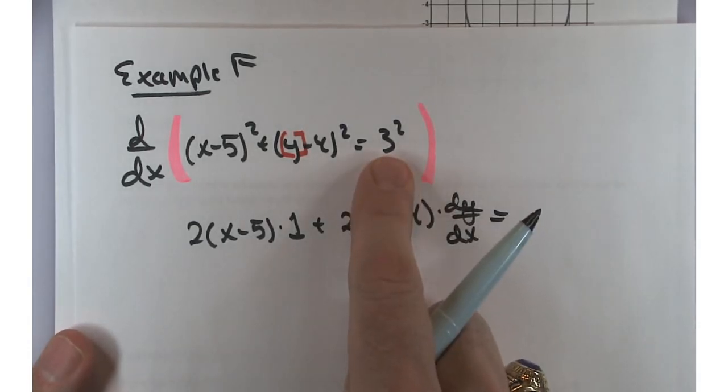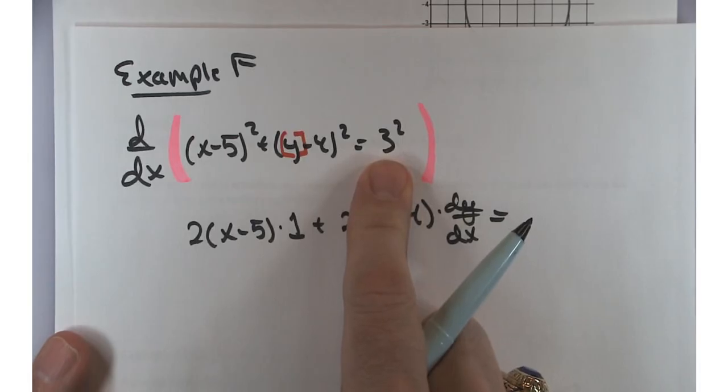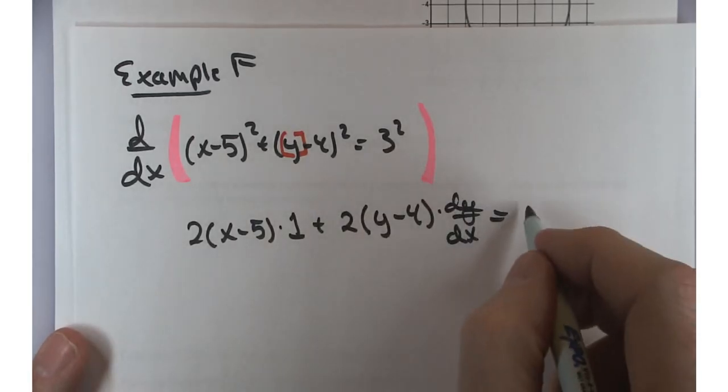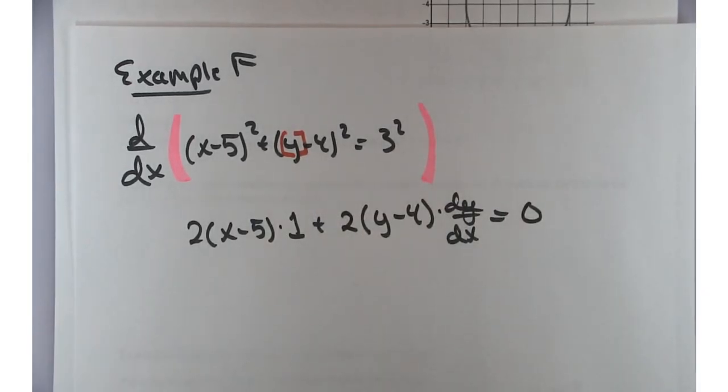And someone for the last part here. What's the derivative of 9? 0. Okay. Solve for dy by dx. I'll give you a moment to do that before I do it up here. Let's see if you can get dy by dx by itself.